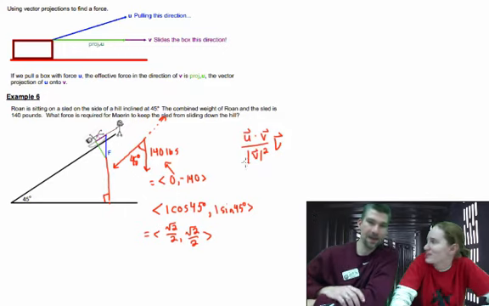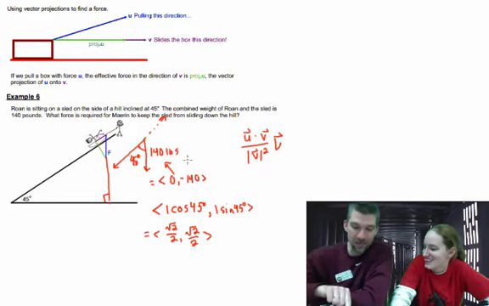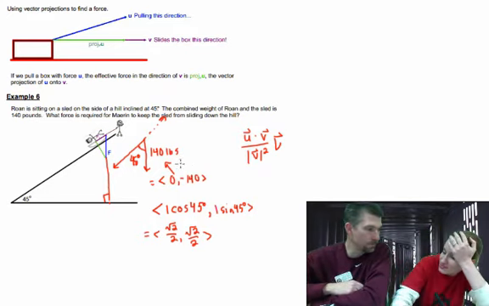But for our formula, is that U or is that V? I think that's the U one. It's projecting U onto V, right? That's U. Okay, this is U, and this is V. Right, because we want to put U onto V, which is our unit vector.